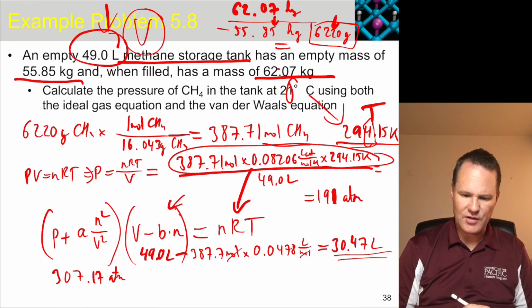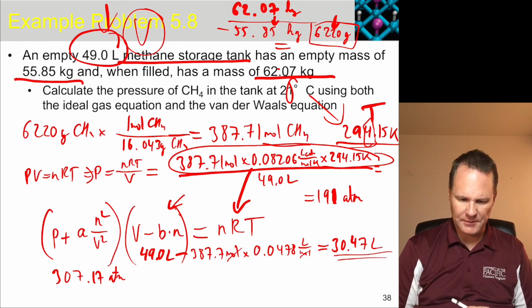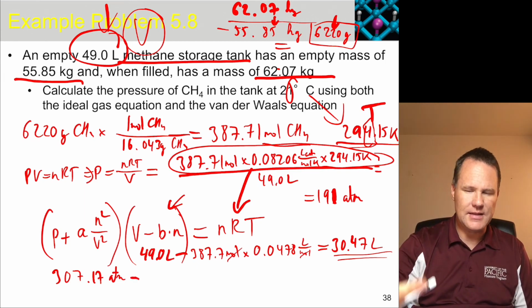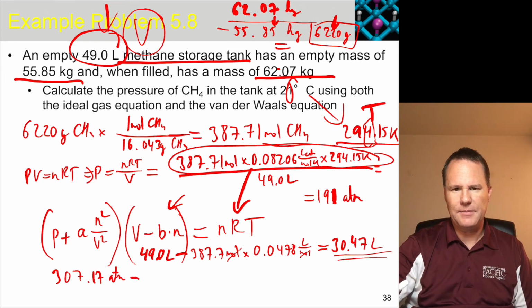So it's much higher pressure, in fact, than what we're expecting. Does it sound reasonable? Why is it a higher pressure? Well, the higher pressure is because now the molecules have a lower volume available, when you subtract their own volume.